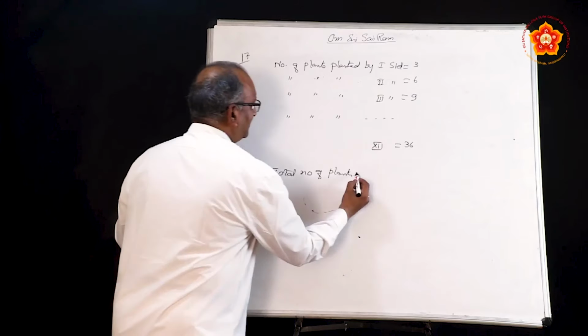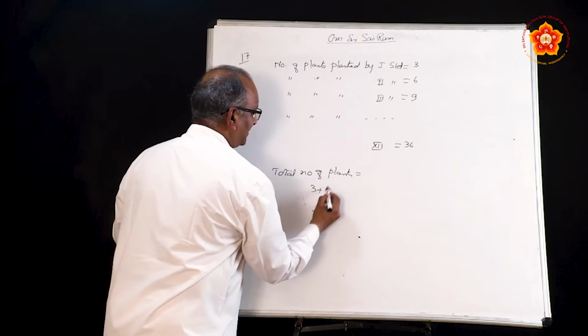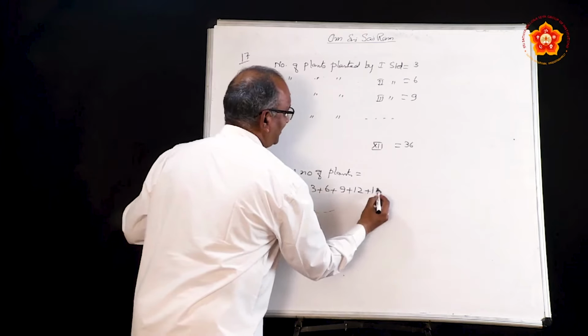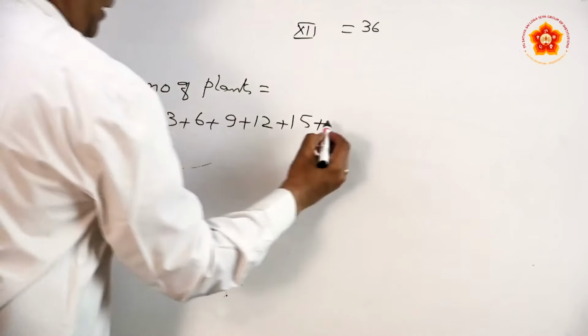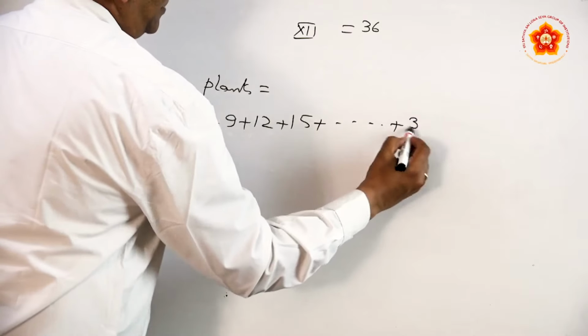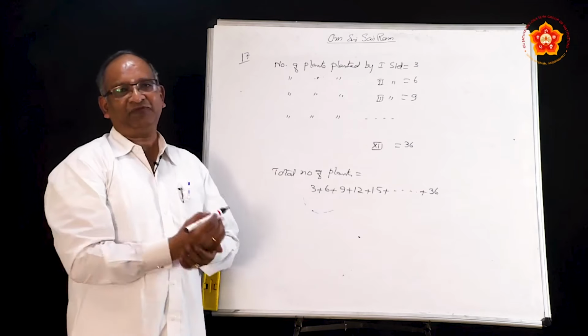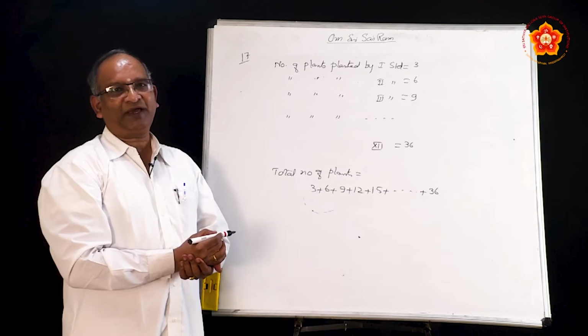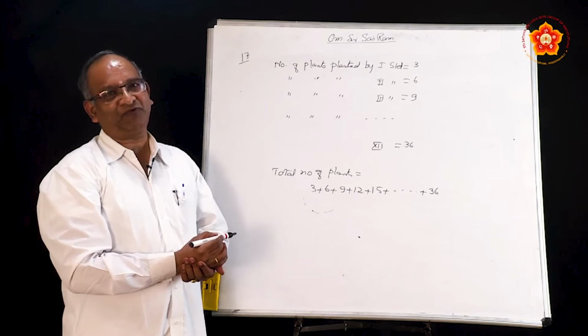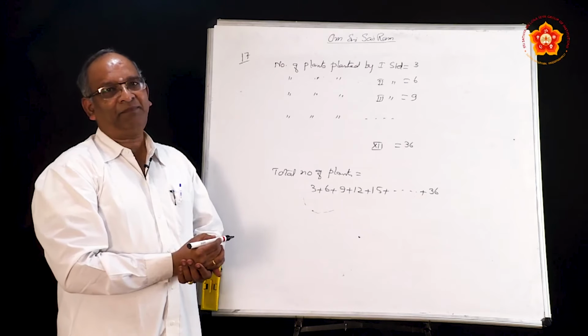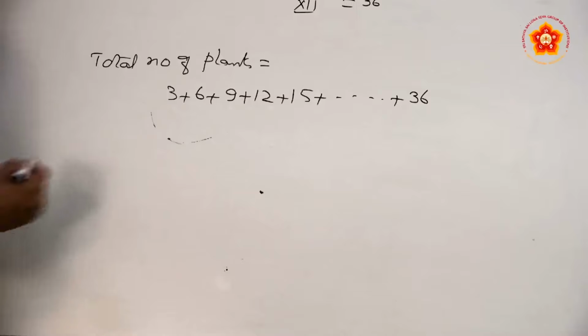So, total number of plants is equal to 3 plus 6 plus 9 plus 12 plus 15, and interestingly we also know the last term 36. So, instead of using the same formula which we used, we can also use the last term formula for finding out sum of number of plants. So, what is the formula?